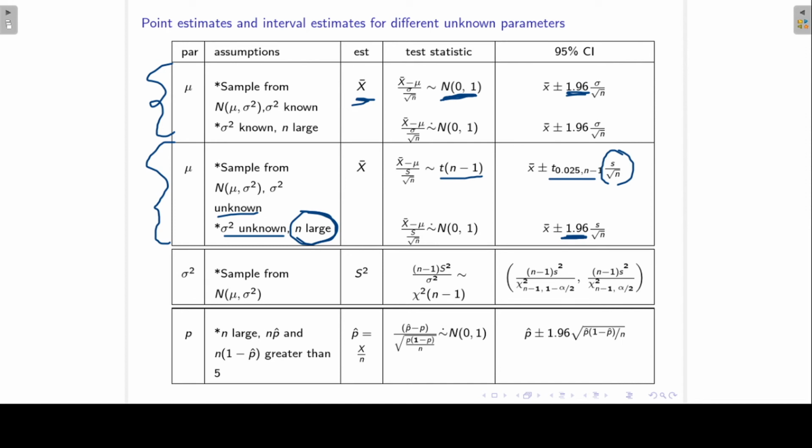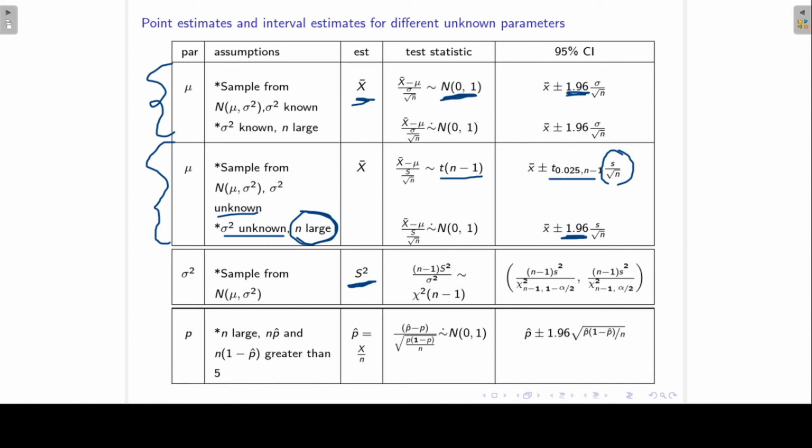Okay, then the second population parameter that we estimated was the population variance sigma squared. And we estimate this population variance with our sample variance s squared. Now, if my sample comes from a normal distribution, then my test statistic is n minus 1 times s squared over sigma squared, and it follows the chi-square distribution with n minus 1 degrees of freedom.